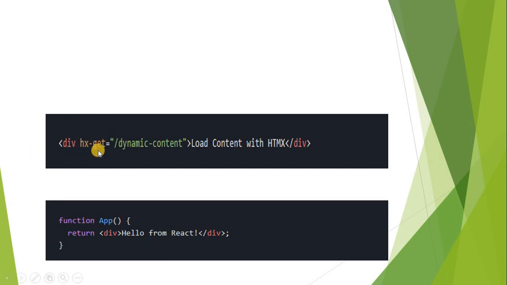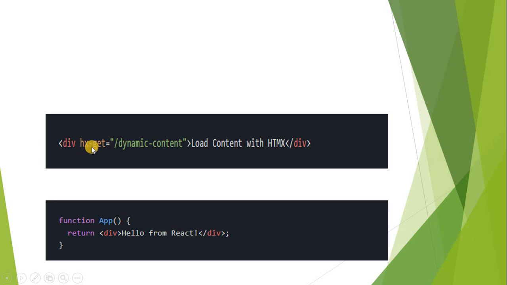And this is the HTMX syntax, where we directly define the div and inside it the text Load content with HTMX. Here we have added one attribute, hx-get. This is the attribute for calling an API that supports the GET request.